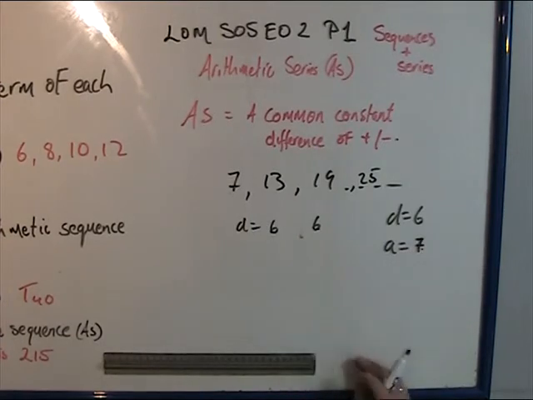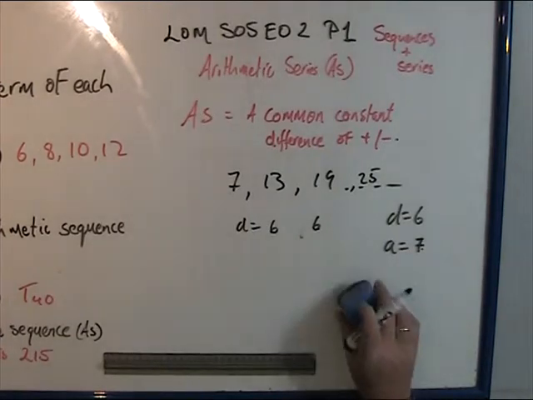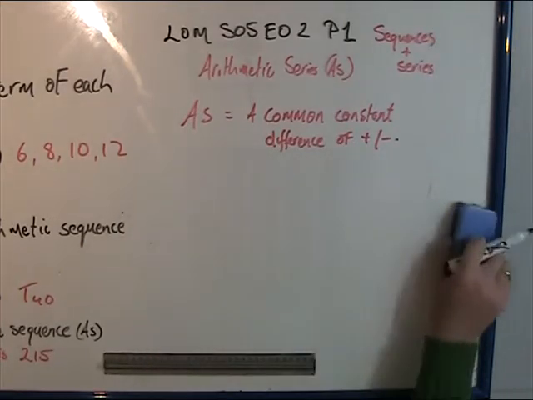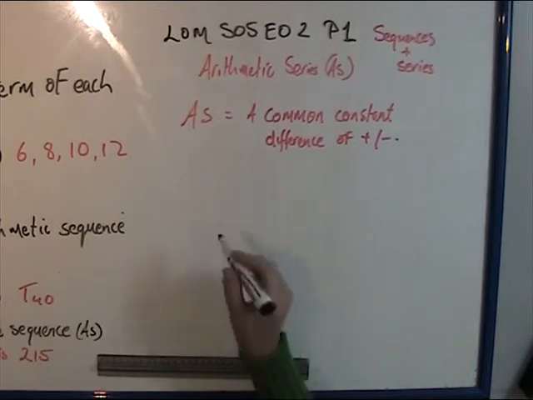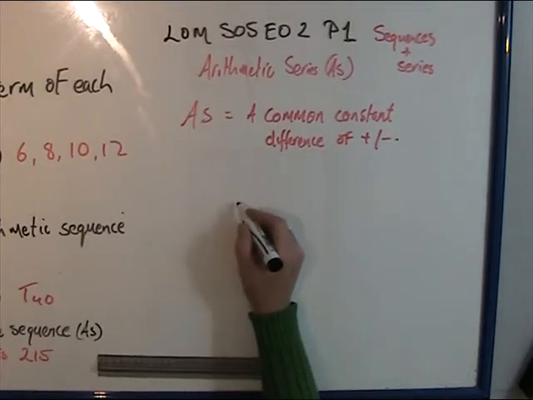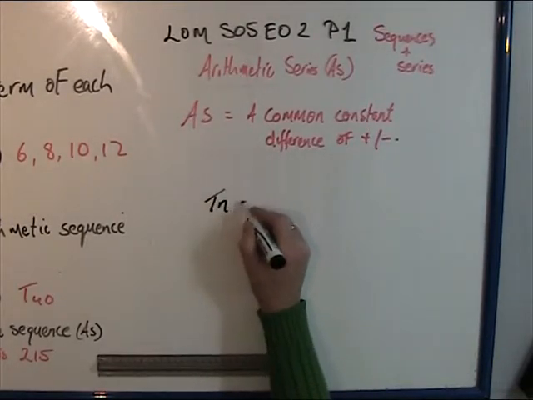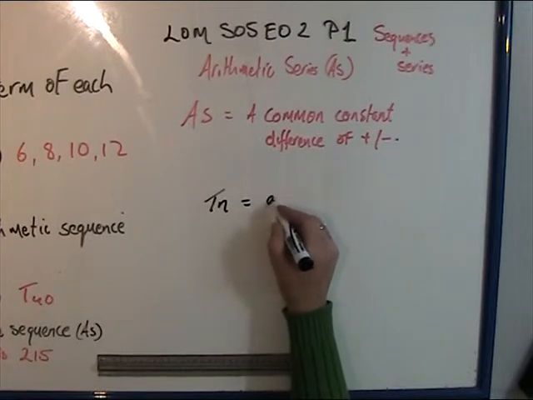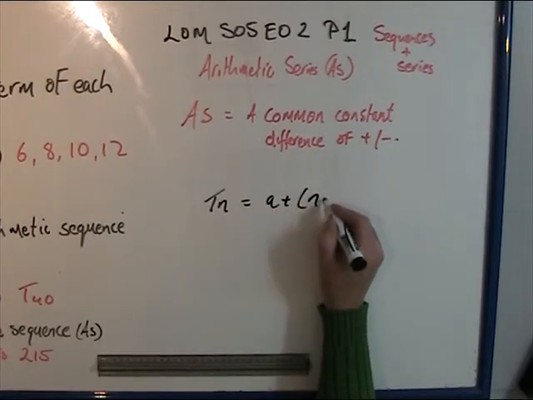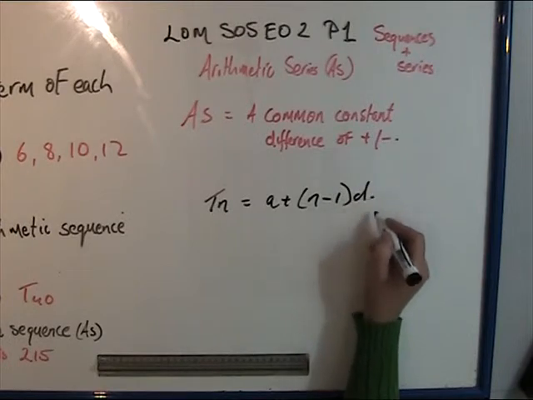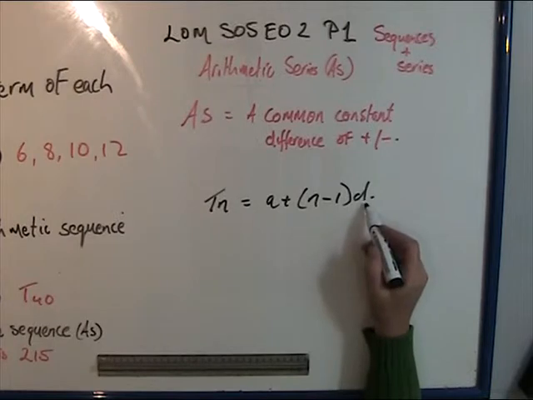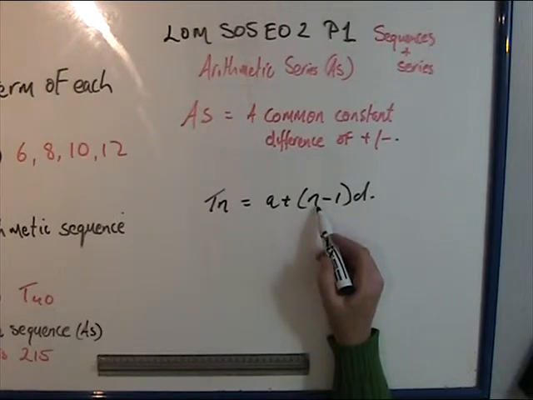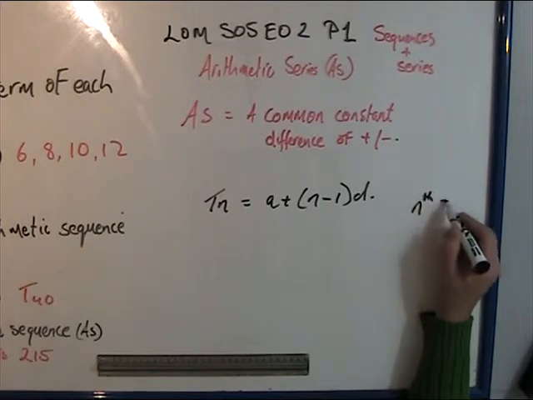Just letting you know that when you're doing some questions later on, I'm going to introduce you to a formula, and the formula goes like this, and you have to remember this: Tn is equal to A plus n minus 1 times D. A is the first term of a sequence, D is the difference, and n usually you don't know, but sometimes you're given n because n is related to the term.